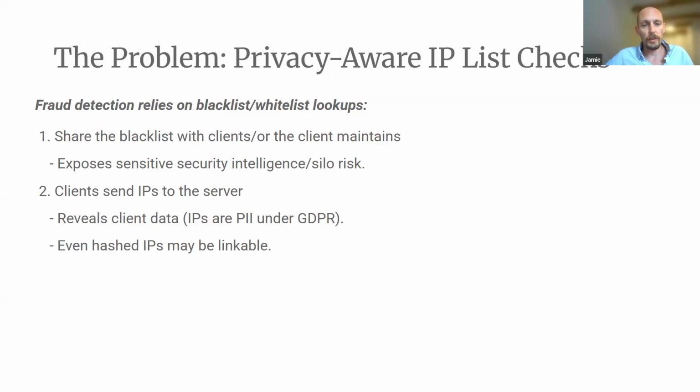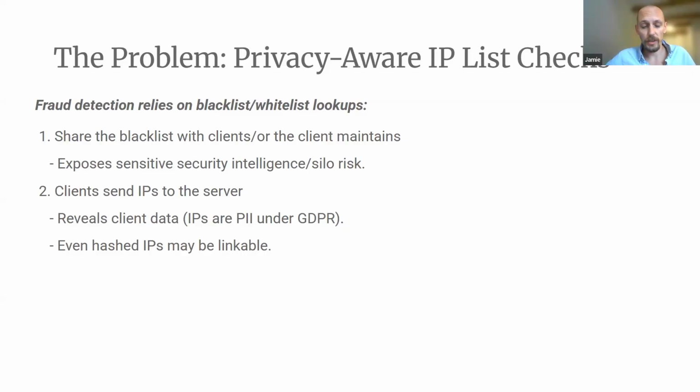So if we look at that problem, we could share the blacklist with the client. The client could then locally check the address that they want to check against the blacklist. But in that scenario, we've opened up the blacklist to all the clients, and people can then analyze the blacklist, see who's on it, and probably get some other kind of analysis out of that as well.